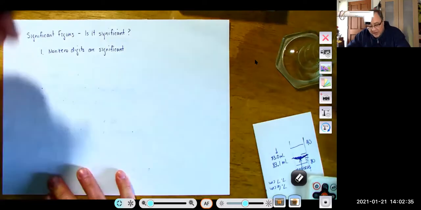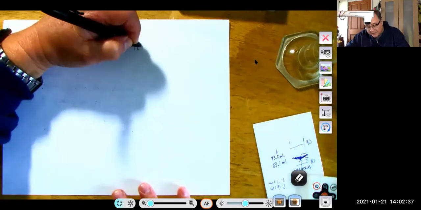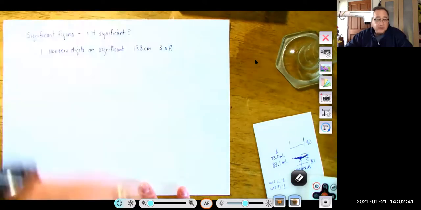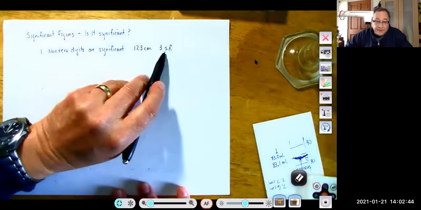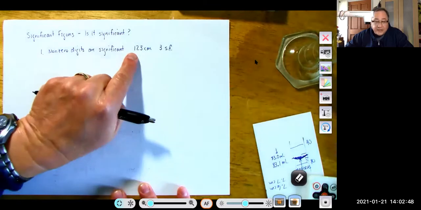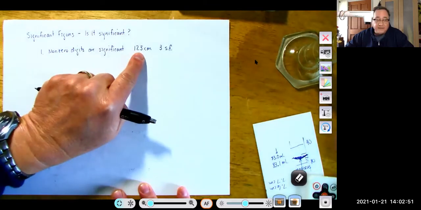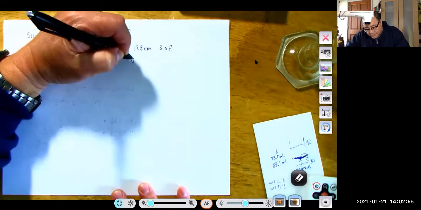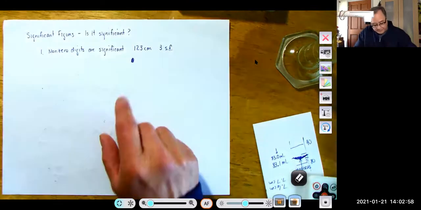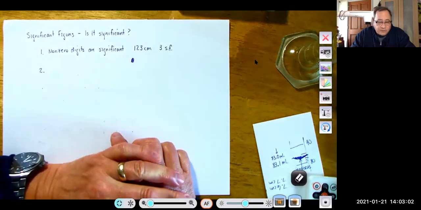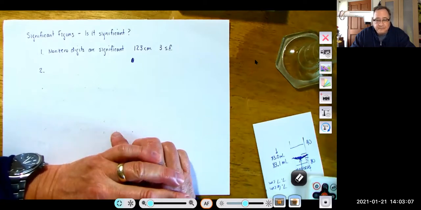So if I say 123 centimeters, that has three significant figures. My abbreviation for significant figures is SF. We have three digits here. None of them are zero. They're all significant. Three sig figs. Are you okay with the first rule? Give me a thumbs up if you are.